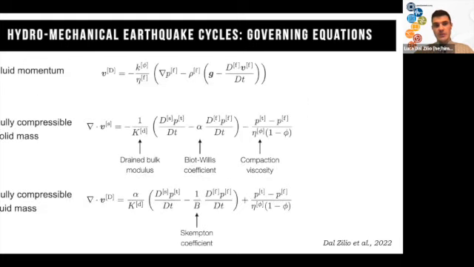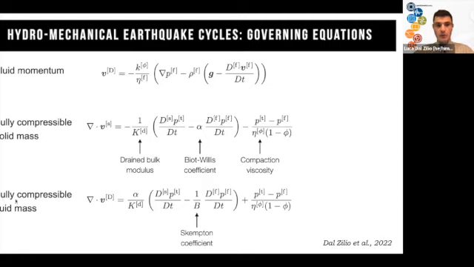Then the other governing equations that we solve are the fluid momentum, where we have the ratio between the permeability and the fluid viscosity. And then we take into account the fully compressible solid mass, where we have the drained bulk modulus, the Biot-Willis coefficient, and also the compaction viscosity, which is an important component of our simulations, which, as I will show later, can control the pressurization mechanism within the fault zone.